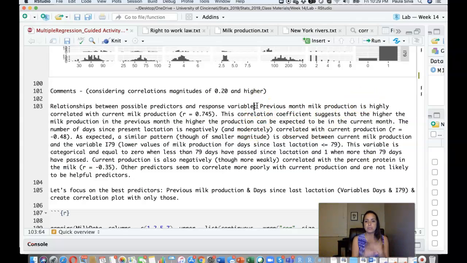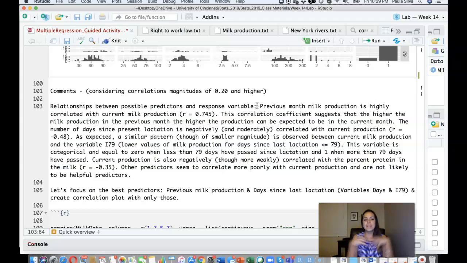So I saw that previous month milk production is highly correlated with current milk production, 0.785. This correlation coefficient suggests that the higher the milk production in the previous month, the higher the production can be expected to be in the current month. So if things went badly last month, the tendency is for it to continue to go badly.